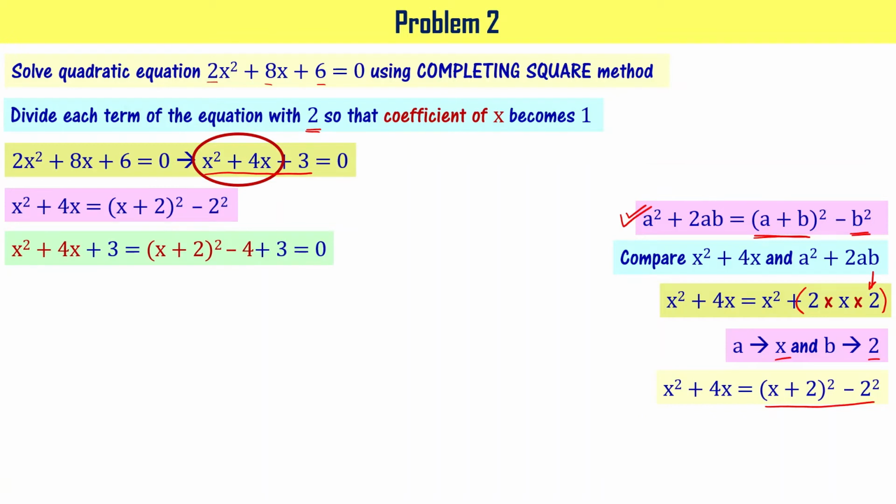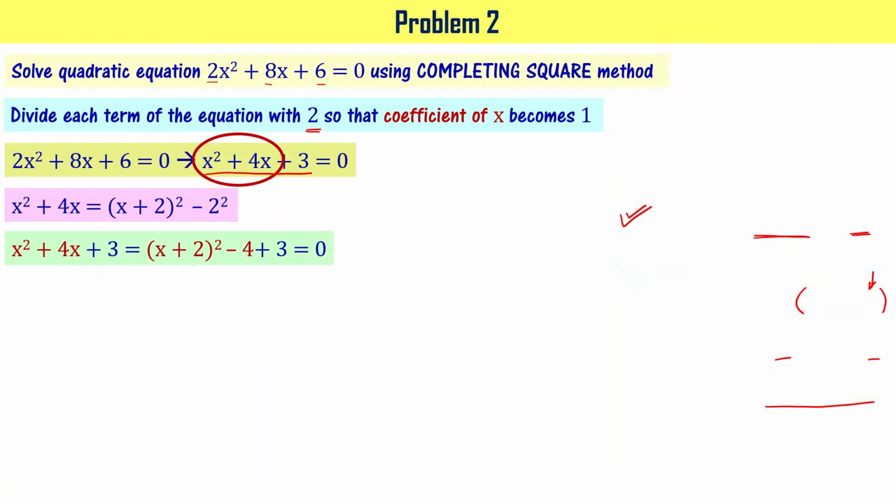When I do that, x² + 4x + 3 = (x + 2)² − 4 + 3 = 0. Let's simplify this such that I can write it as (x + 2)² − 1 = 0. I can rearrange that and write it as (x + 2)² = 1, right?